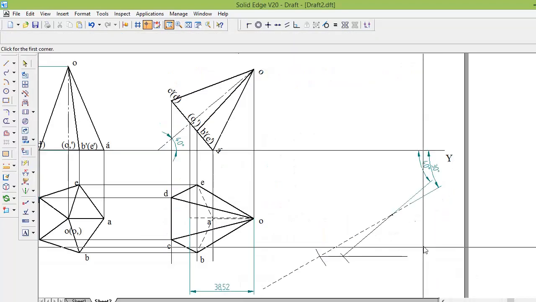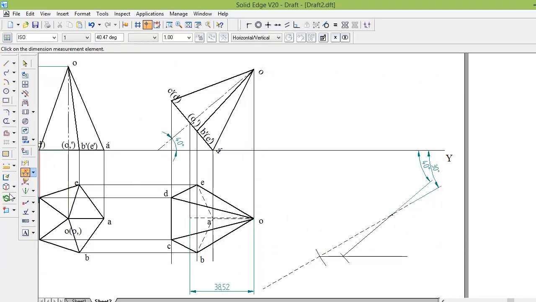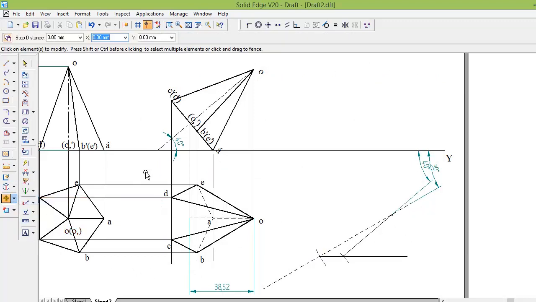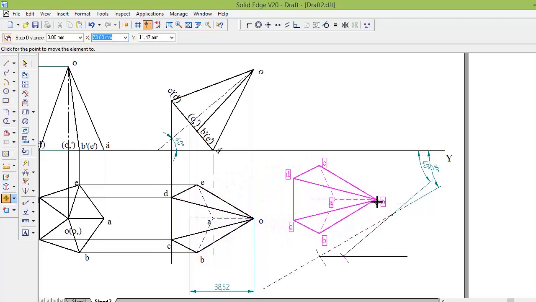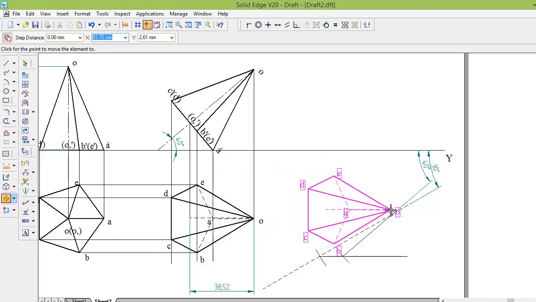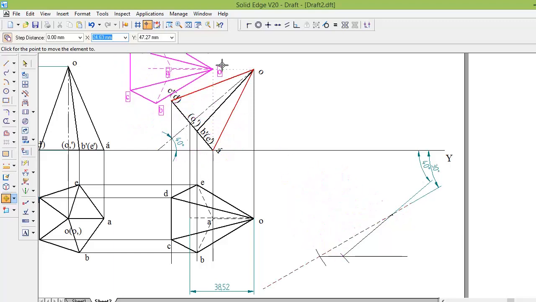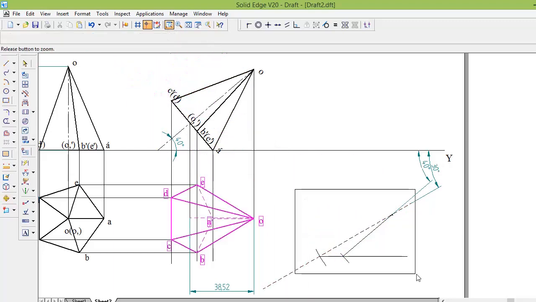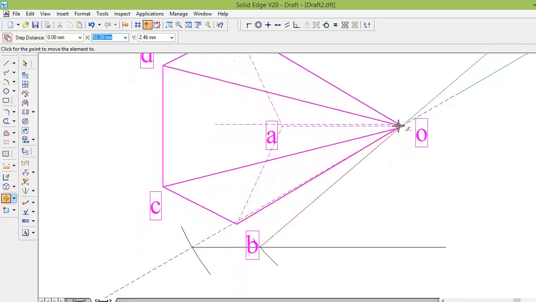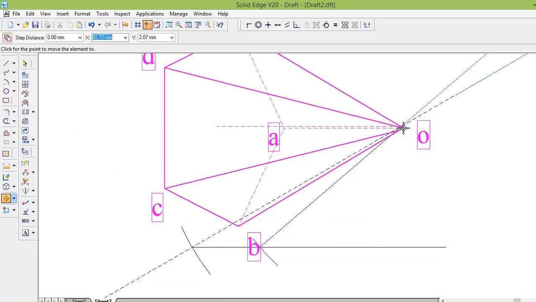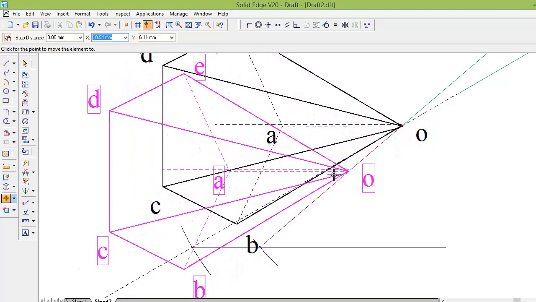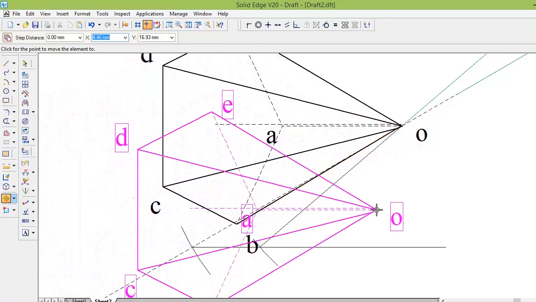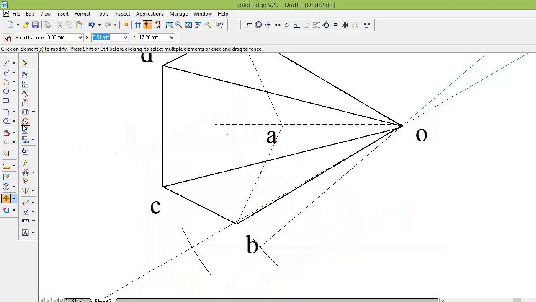So next step is go to move command, select this, select the apex, place it over here at this point. Okay, this is the point here. Fine. Next, go to rotation command.